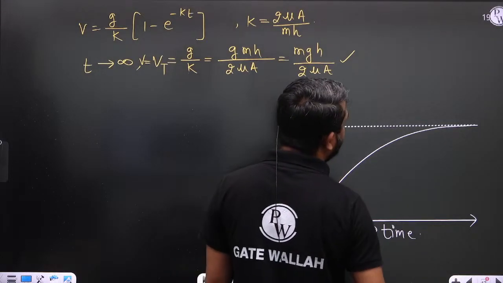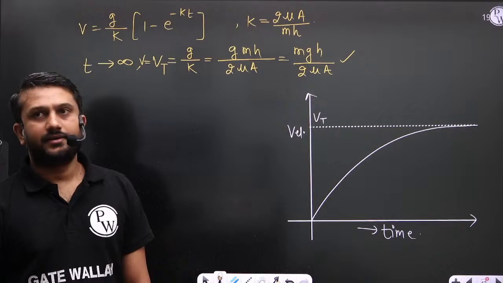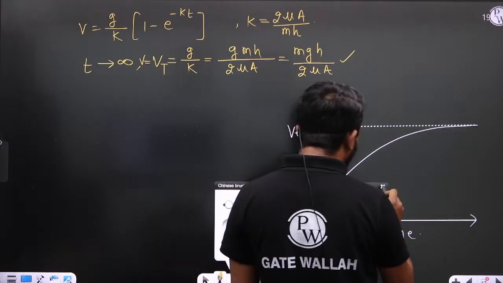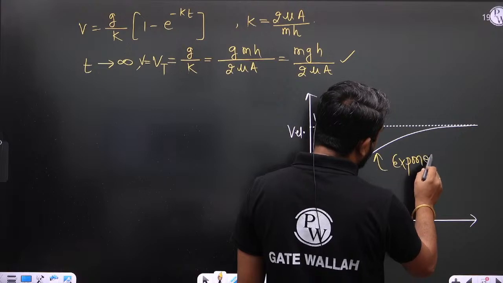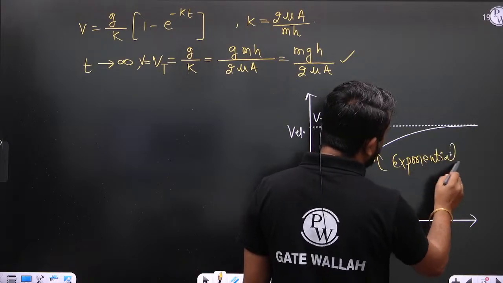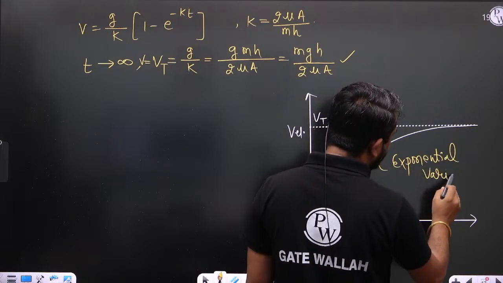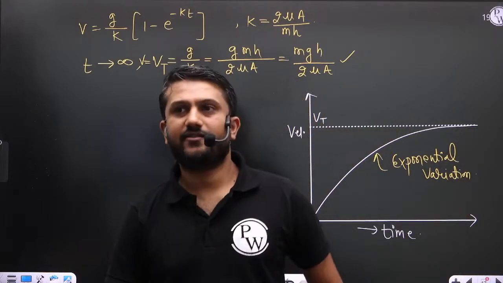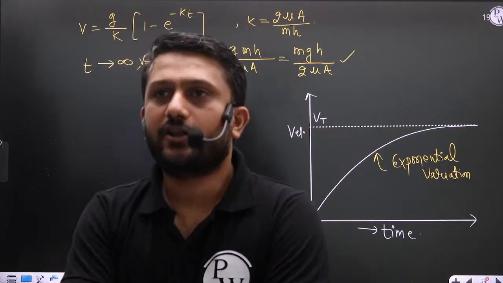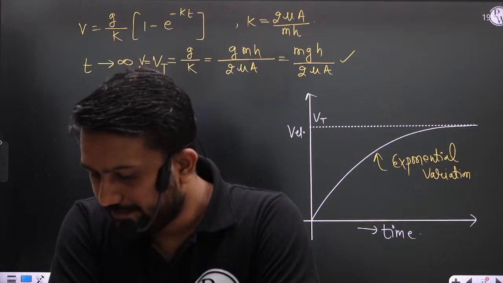This is the vt. This variation is exponential variation. And once velocity reaches vt, then velocity is not changing with respect to time.